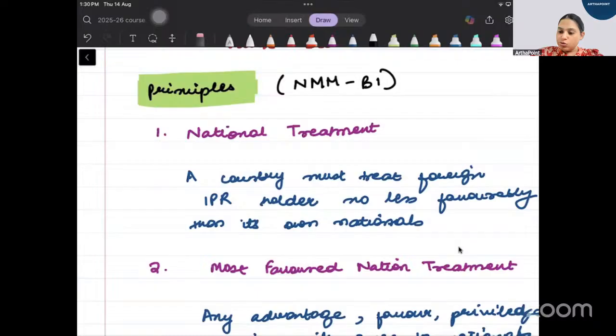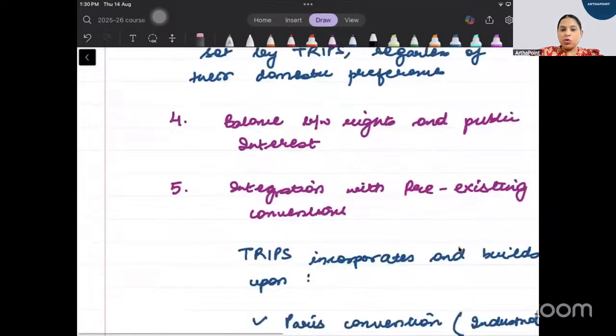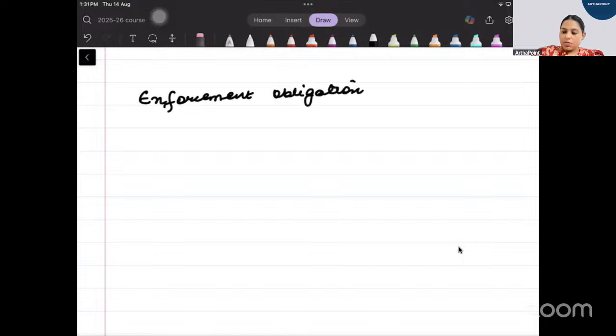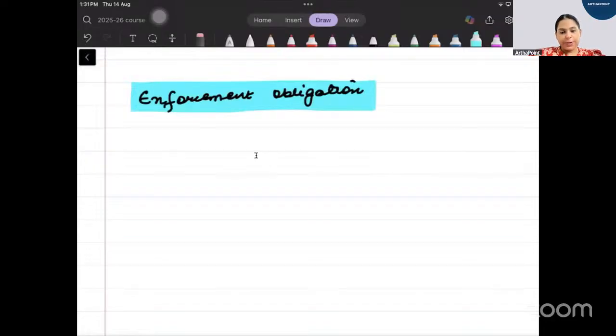And in order to do that, we also want to do something which is known as enforcement obligation. Enforcement obligation. So what are the enforcement obligations that we have under TRIPS?